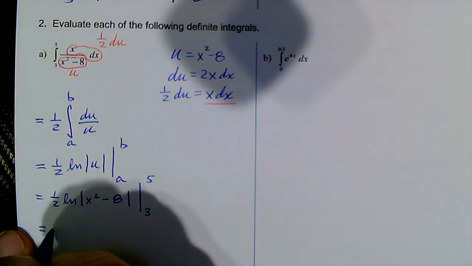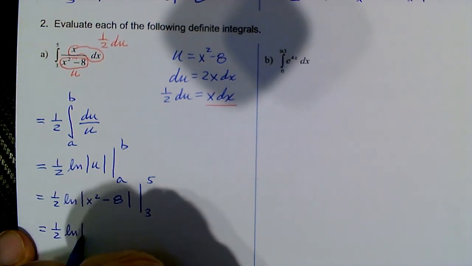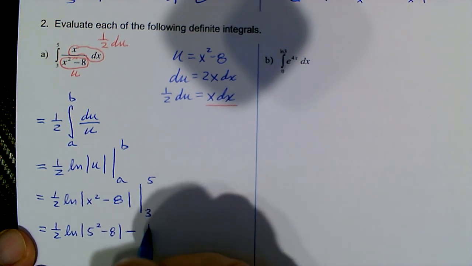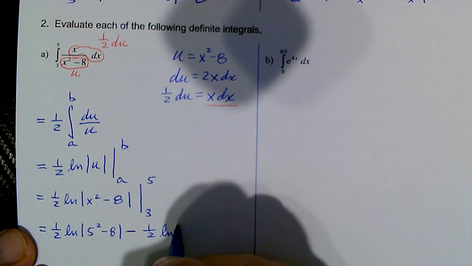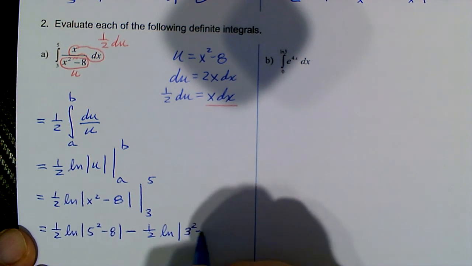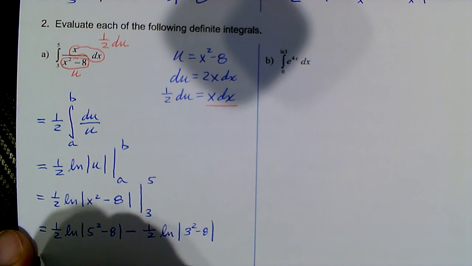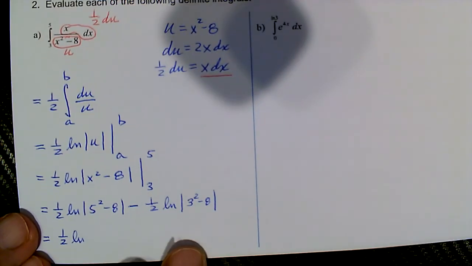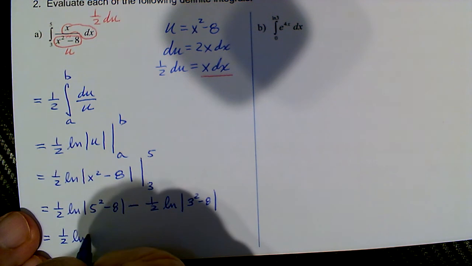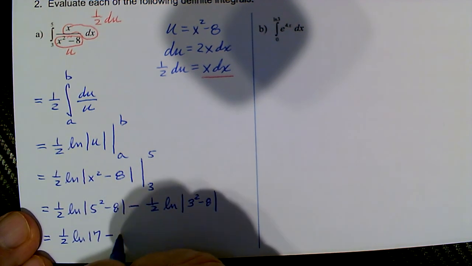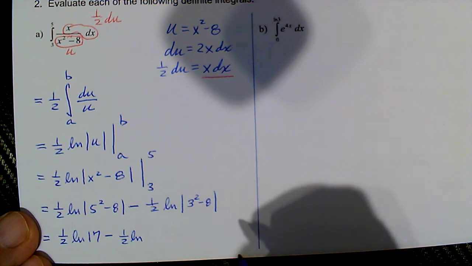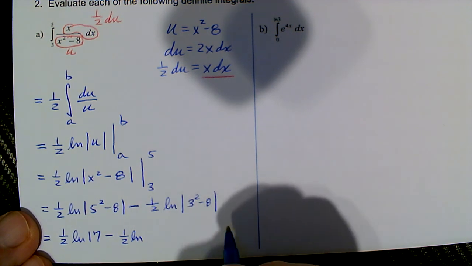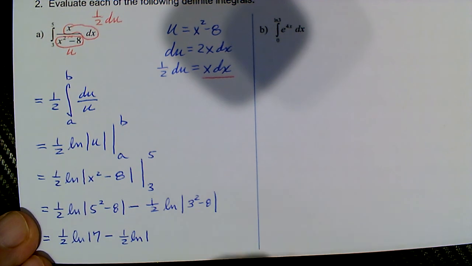And so upper limit goes in, 1/2 natural log absolute value 5 squared minus 8, minus lower limit goes in, so minus 1/2 natural log absolute value 3 squared minus 8, and finishing this off, we get 1/2 natural log 5 squared is 25, minus 8 is 17, the absolute value is 17, and then minus 1/2 natural log 3 squared is 9, minus 8 is 1, absolute value is 1.